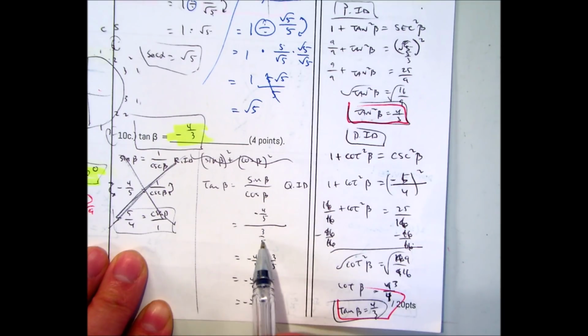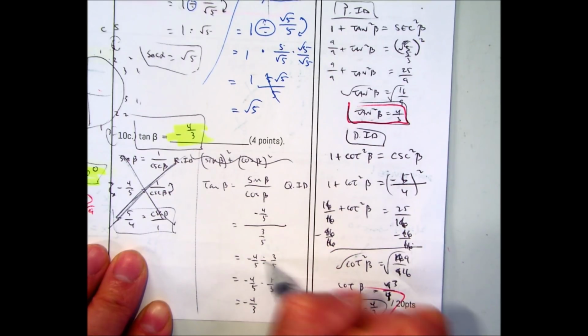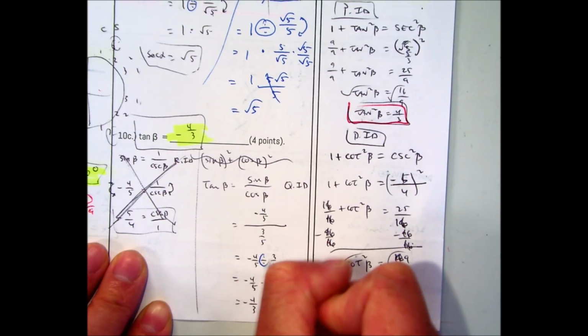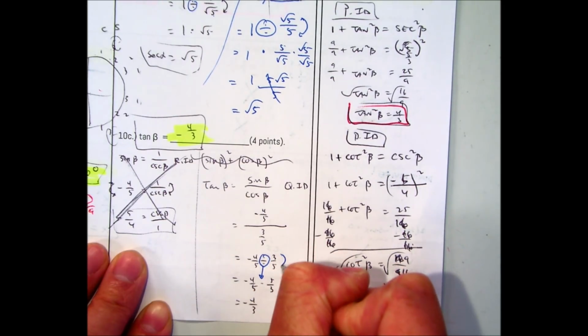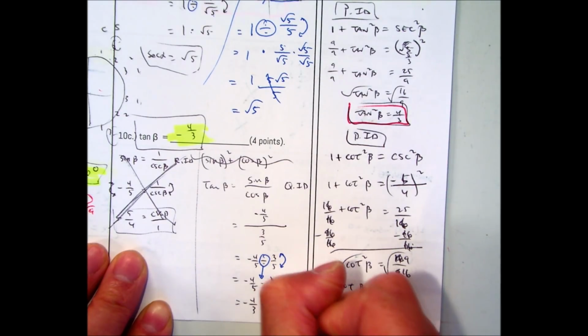Cosine of beta was 3/5, and we got that from question 10a above. Write them sideways. Do not change the fraction. Negative 4/5 divided by 3/5. This changes to multiplication, and then you take the reciprocal. Negative 4/5 times 5/3. My 5's cancel there, and you'll get tangent to be negative 4/3.